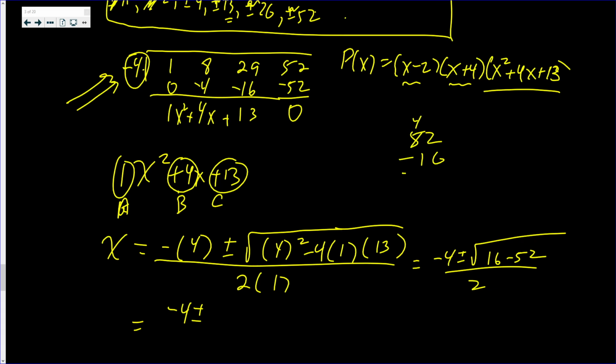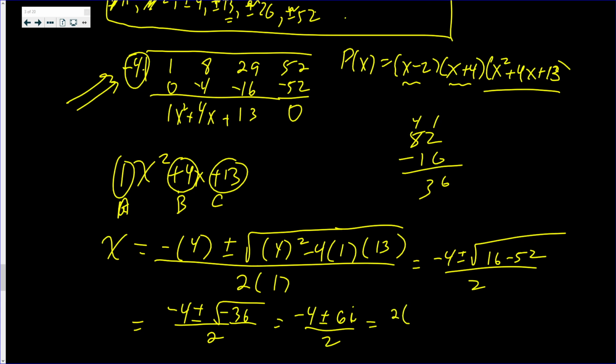16 minus 52 is negative 36, which is a nice number because I know the square root of 36 and I know the square root of negative 1. Factor out a 2, you get negative 2 plus or minus 3i over 2. The 2 naturally cancels out, and you get your 2 complex roots.